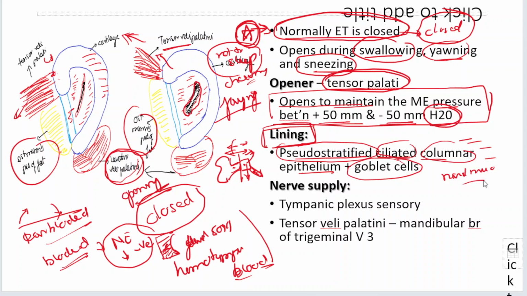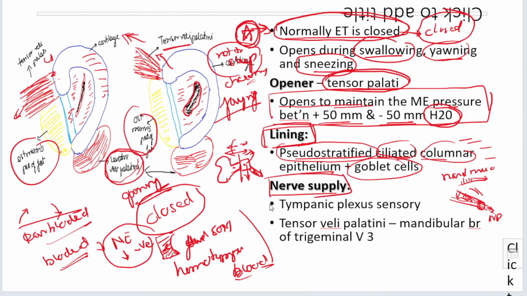It always has a covering of mucus, and in the eustachian tube the cilia beat towards the nasopharyngeal opening, so that mucus is removed from the tympanic cavity and the eustachian tube into the nasopharynx. This does not cause blocking of the eustachian tube.